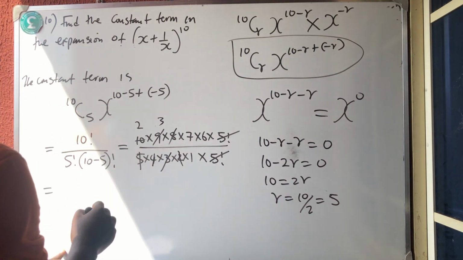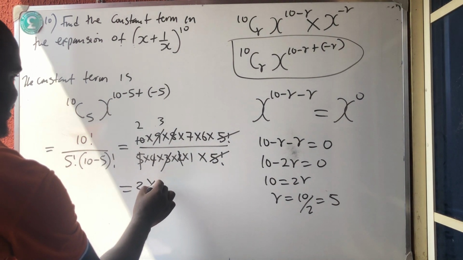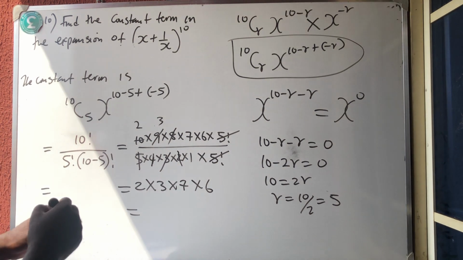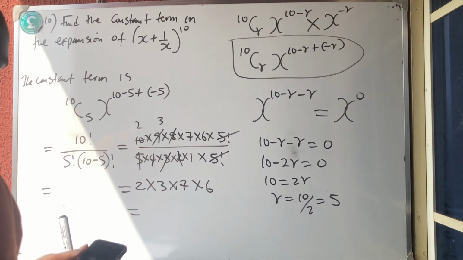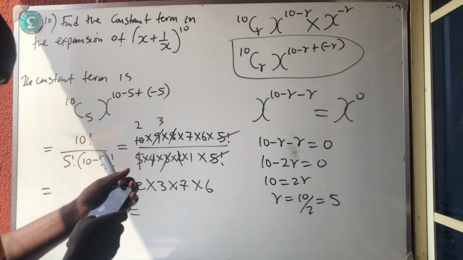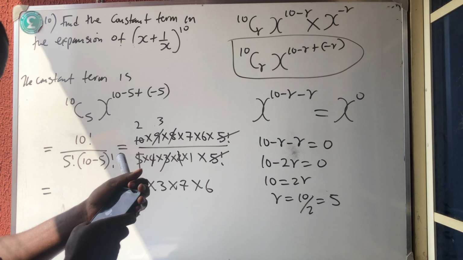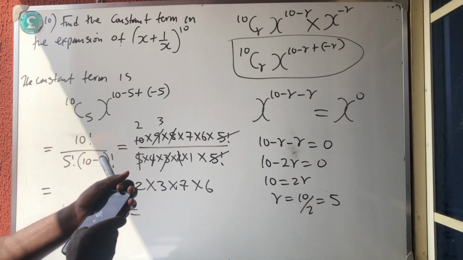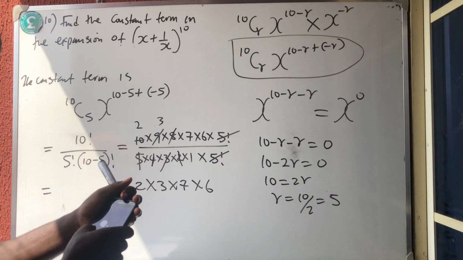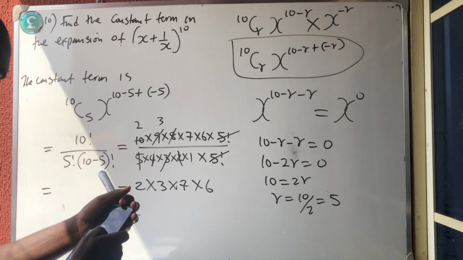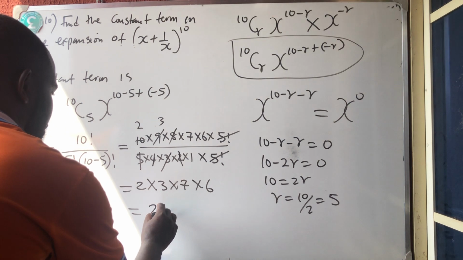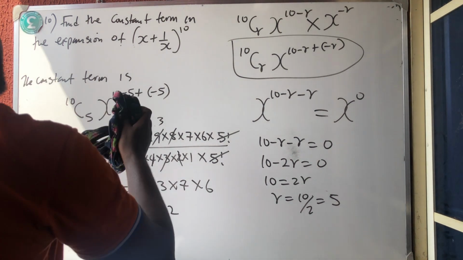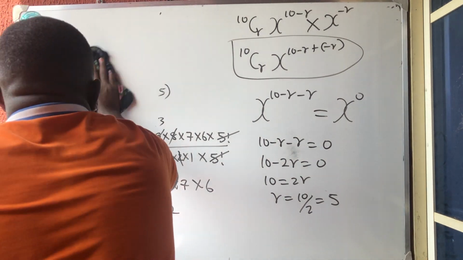So I am left with 2 times 3 times 7 times 6, that is 252. So the constant term is 252.